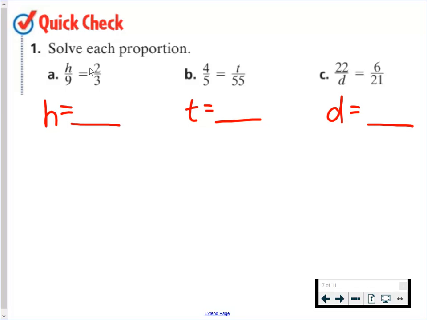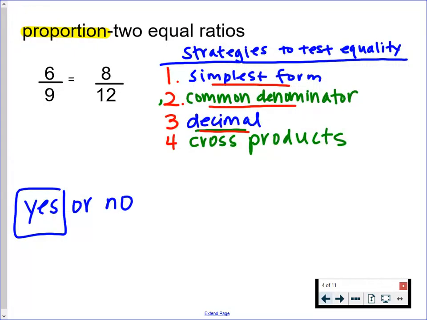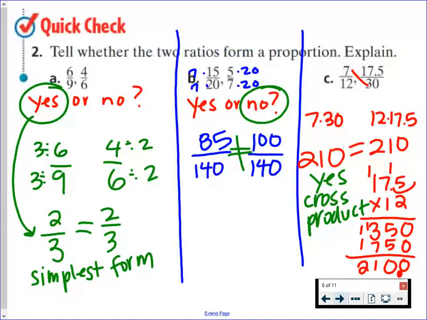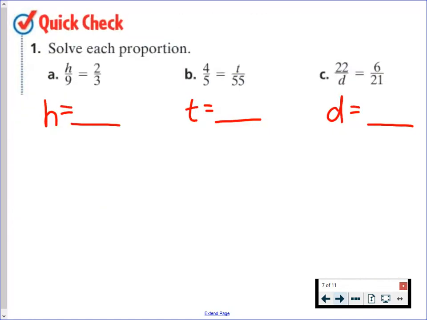That actually brings us to a fifth strategy called scale factor. You've actually been doing scale factor already. You just didn't know it was called scale factor.